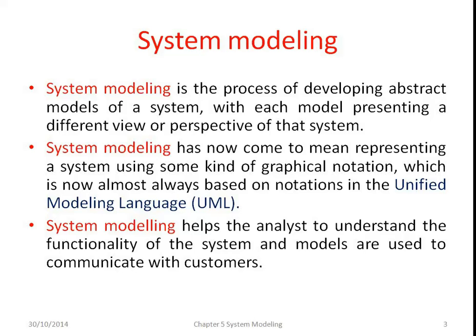System modeling has now come to mean representing a system using some kind of graphical notation, which is now almost always based on the notations in the Unified Modeling Language. This is the most important point. So system modeling now means representing a system using UML.